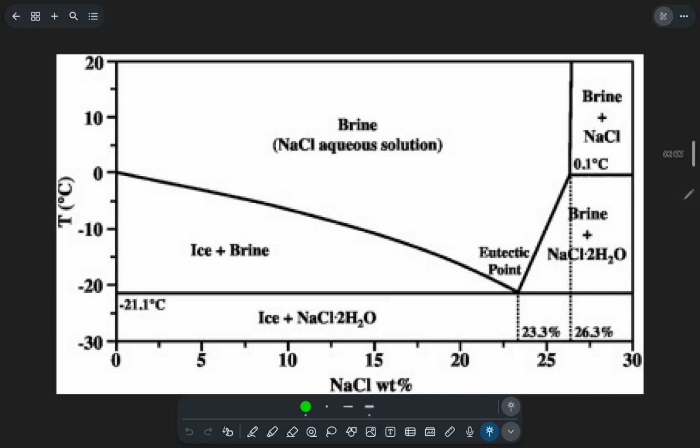Now, the temperature at which a solution freezes is governed by, let me just add a new page. Okay, it's adding it to the end, that's fine. This freezing point depression follows this particular equation.